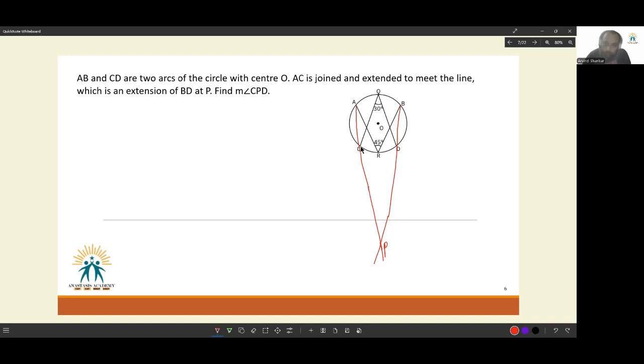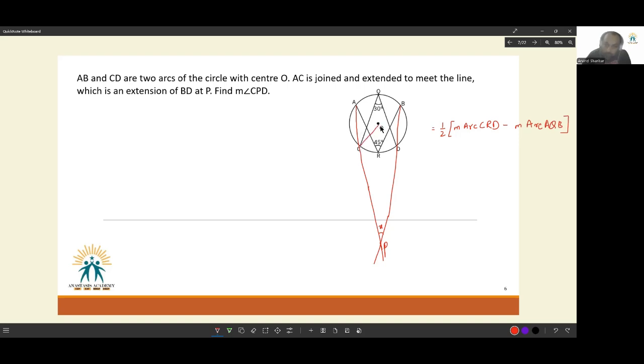So now in order to identify what is the measure of this angle, let's call this X. X will be equal to half the measure of arc CRD minus measure of arc AQB.